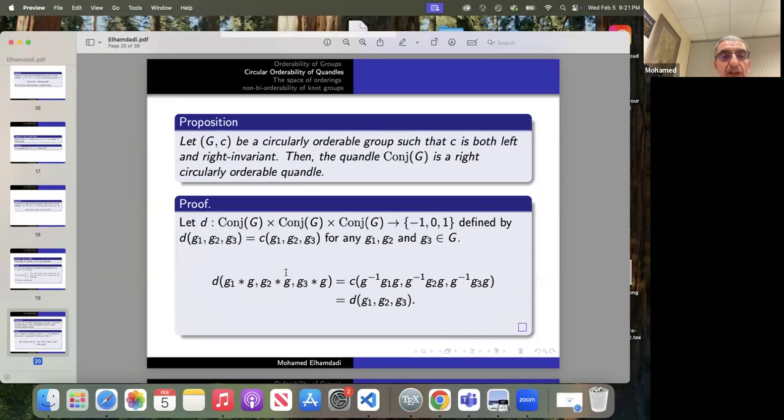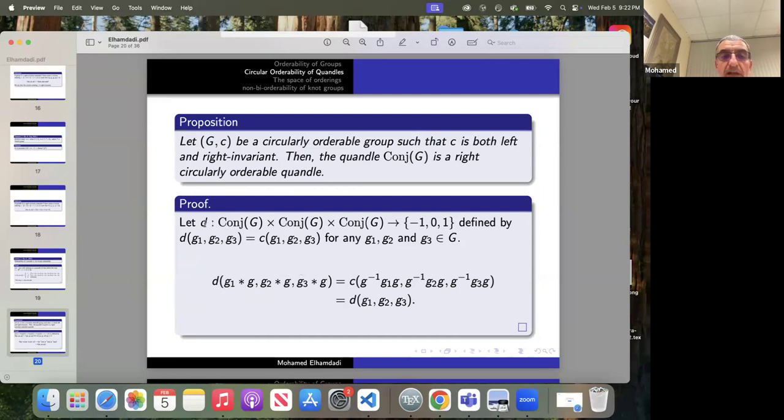We have the following proposition. If G is a group with a circular ordering on it such that C is both left and right invariant, basically bicircularly orderable, then the conjugation quandle is right circularly orderable. This is straightforward from the definition.